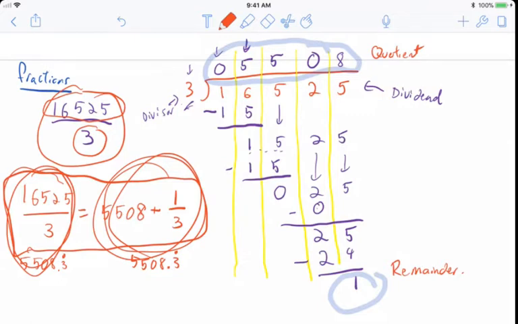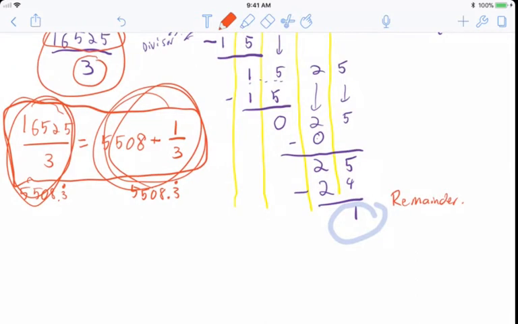Sometimes when I want to write these relationships, I would write 16525, the dividend, divided by 3, which is the divisor. It's equal to the quotient, which is 5508.